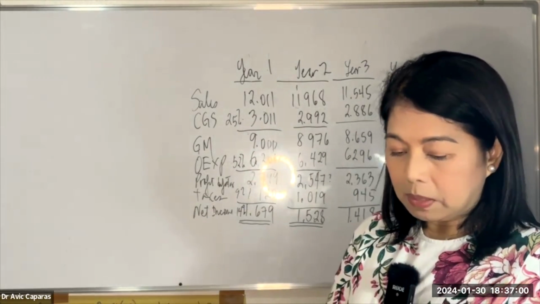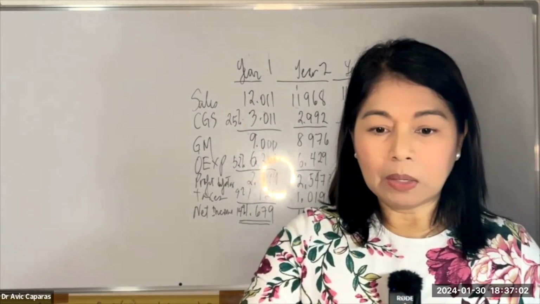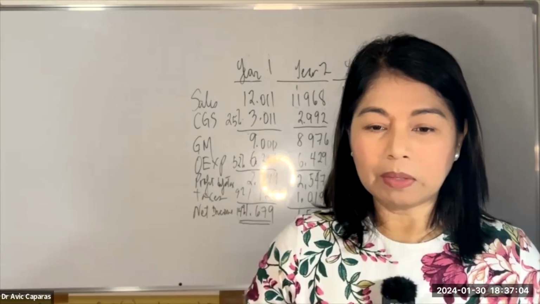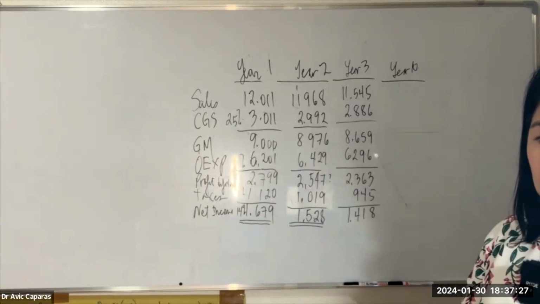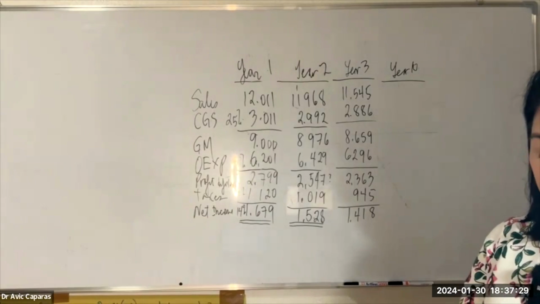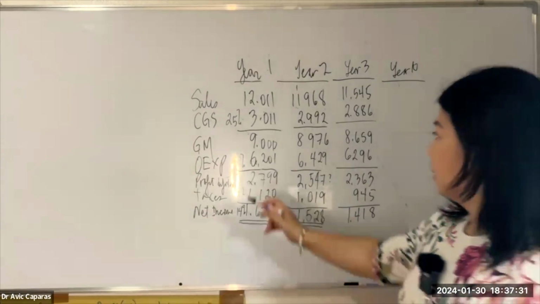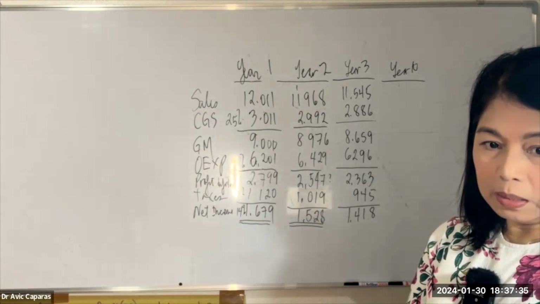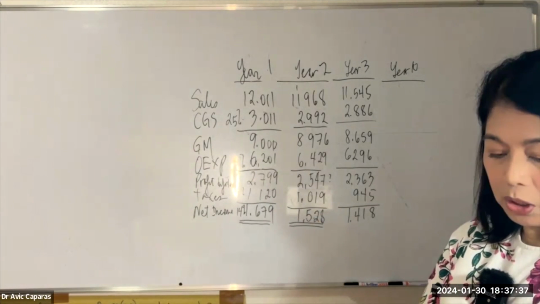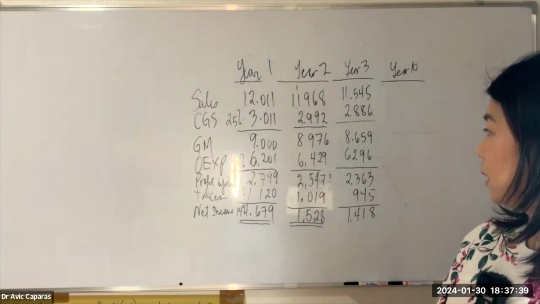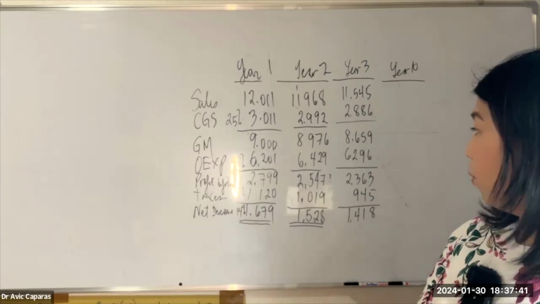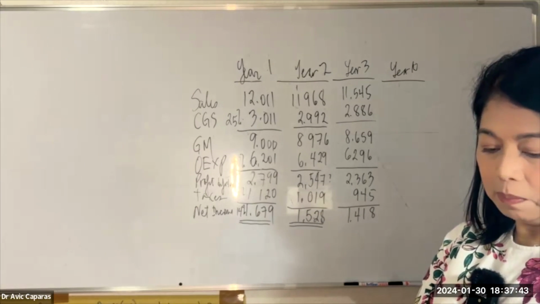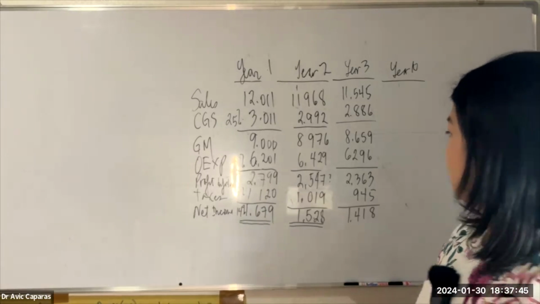If you can, now I will stop share because we have the answers here. Okay, so it's 25 plus, they have to be 100%. Okay, 25 plus 52% other expenses, 9 of taxes, 14%, 100%.